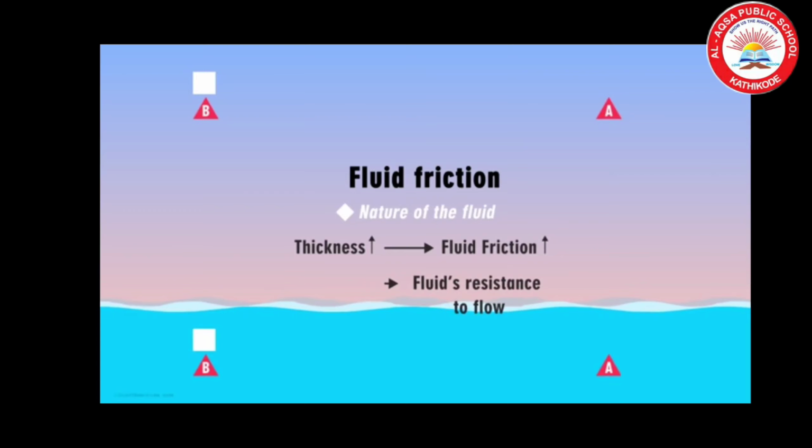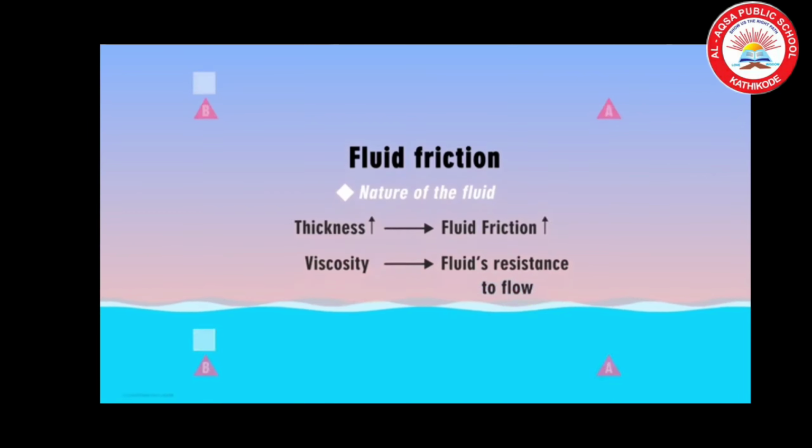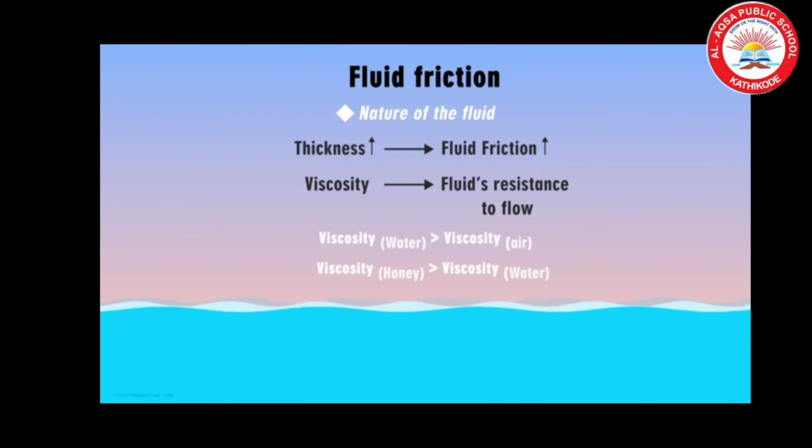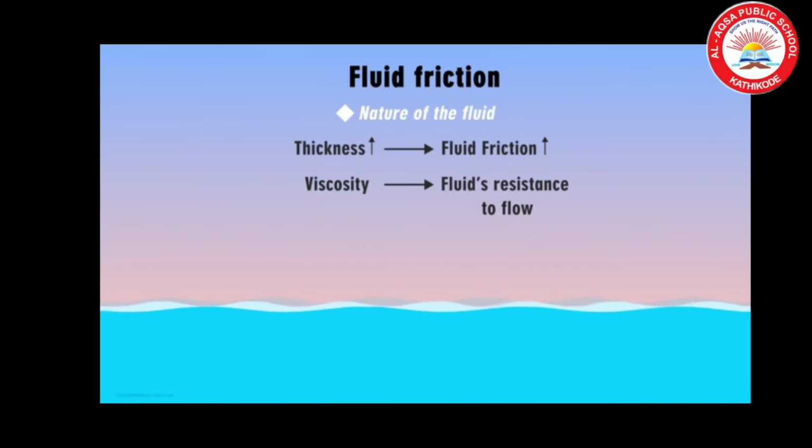Thickness will increase fluid friction. The thickness of the fluid, or fluid's resistance to flow, is known as viscosity. Water has higher viscosity than air. And we know that honey is more thick, so honey has more viscosity than water.